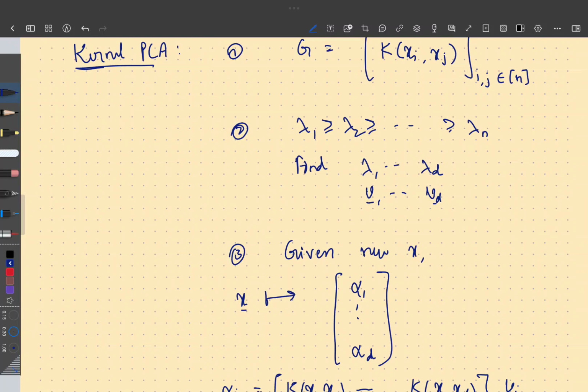I wouldn't go so far as to say that it's equivalent, because we're using a very specific form here. We're using PCA in the higher dimensional space.